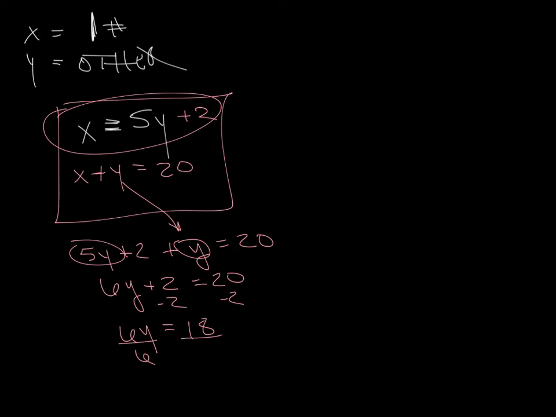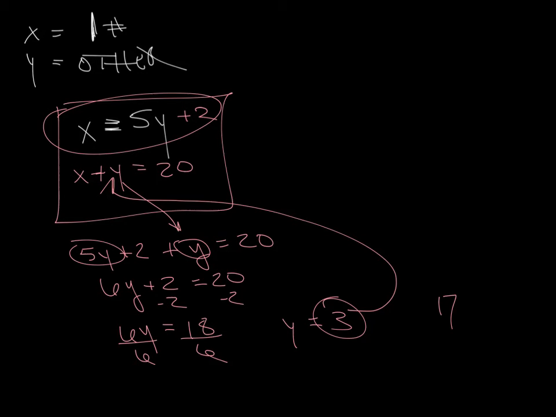Divide by 6, divide by 6. y equals 18 over 6, or 3. Okay, and then the other number, I'm just going to take this 3 here and put it in here and find out what I have to add to 3 to get 20, and that other number is 17. Okay, so one of the numbers is 3 and one of the numbers is 17. And that's it for example 1.